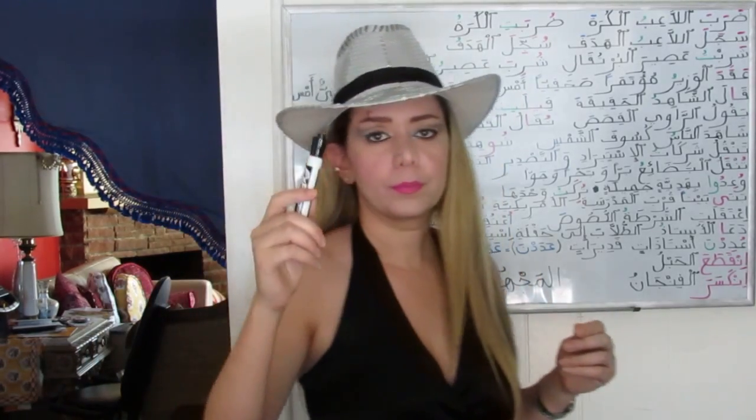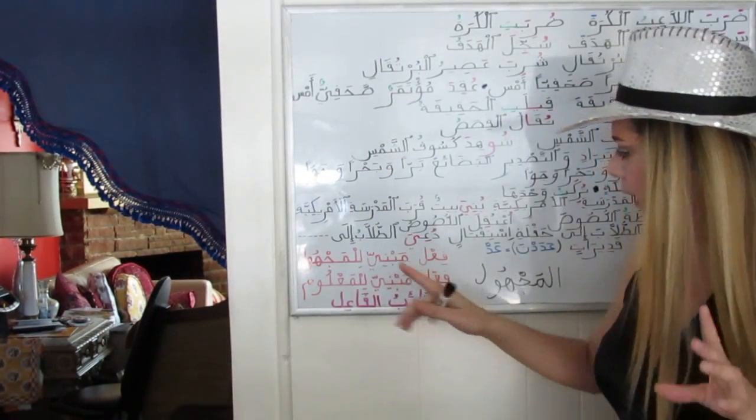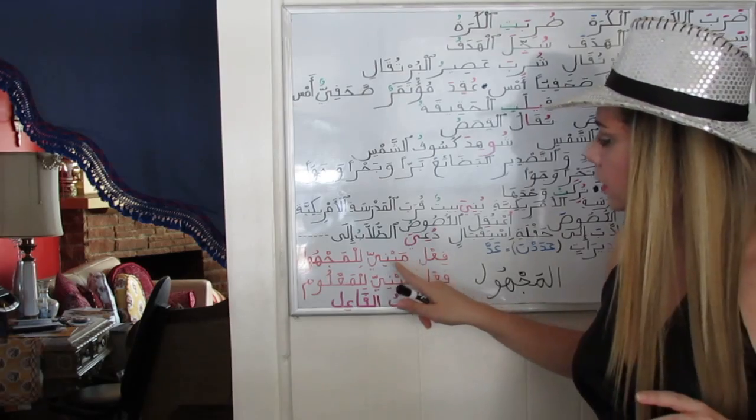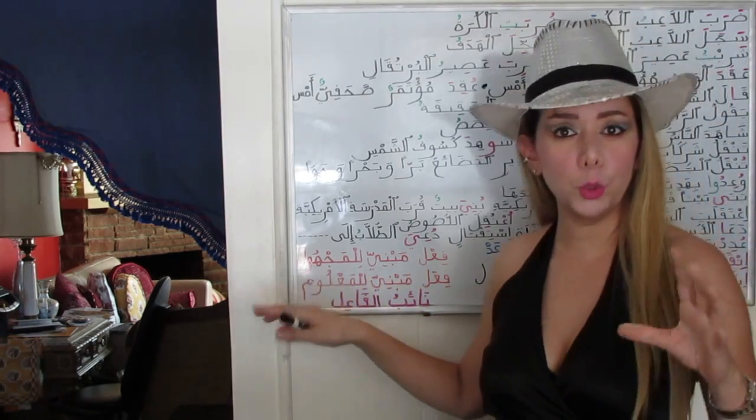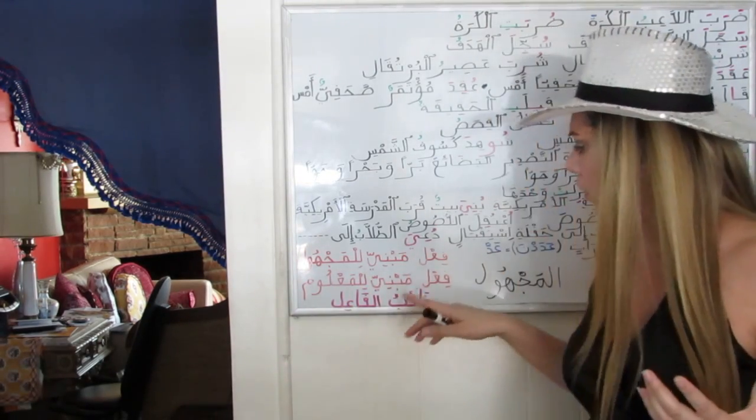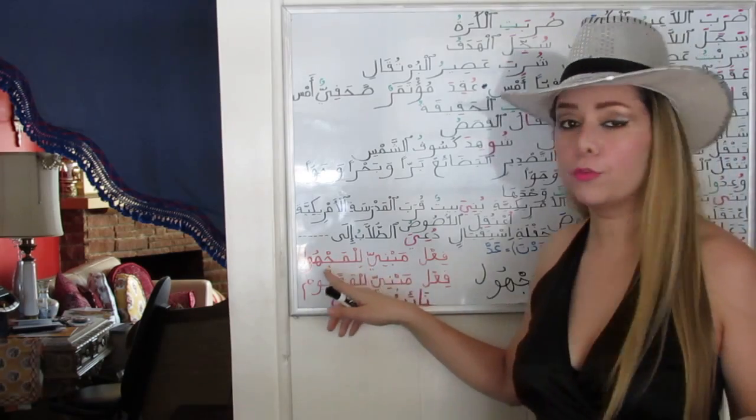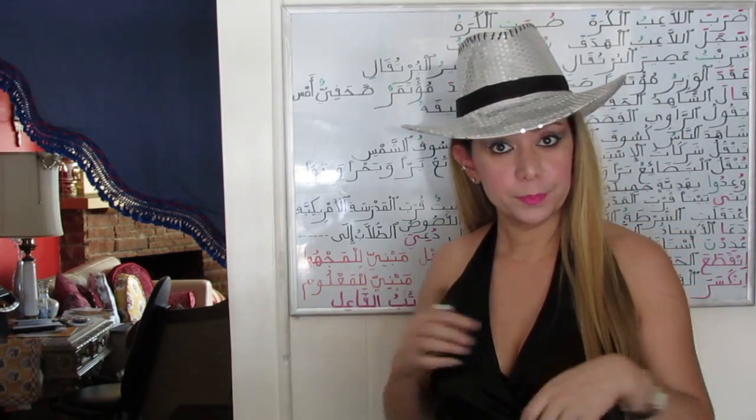Arabic has three types of passive verbs. Passive verbs for the unknown. Alright? So if we say passive verb in Arabic, we would say فعل مبني للمجهول. Literally means verb built for the unknown.